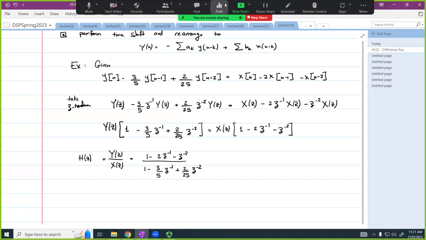X can never be 0 because... X can be 0 if there is no input or the input is 0. Okay. What is this y of z and x of z? This is my system.